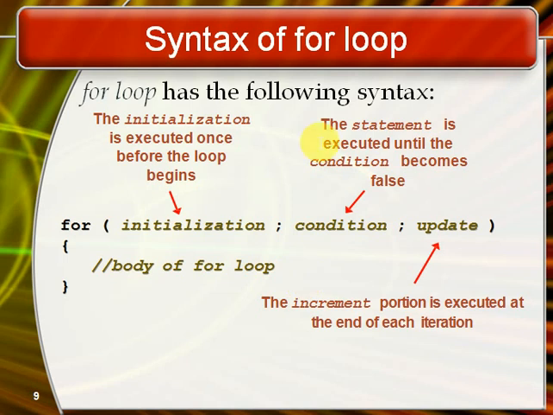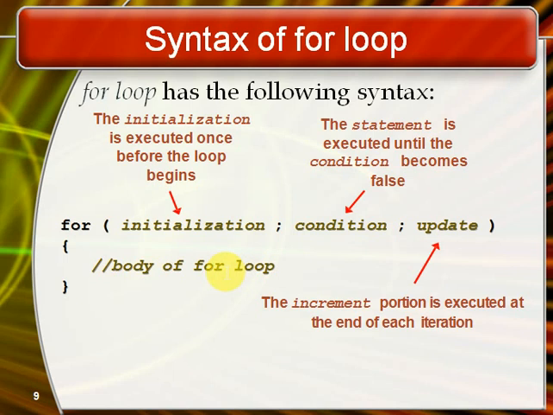The for loop has the following syntax. It starts with the keyword for. Then its first part is initialization, that is, initialization of the loop control variable. Then the second part is the test condition. The third part is the update part. And then the body of the for loop that contains one or more statements.